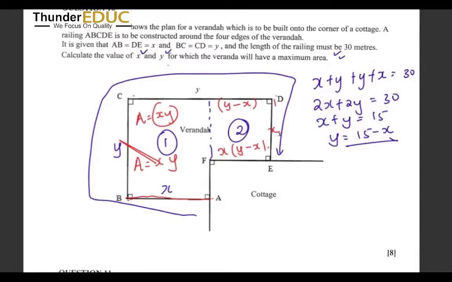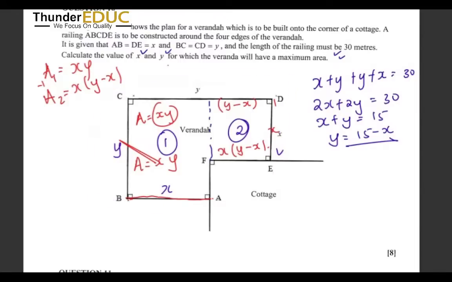Then we have to add up the two areas. Area 1 is xy. Area 2 is x into y minus x. Let's add the two areas to get the total area. So xy plus x into y minus x. Let's expand that. It's xy plus xy minus x squared.